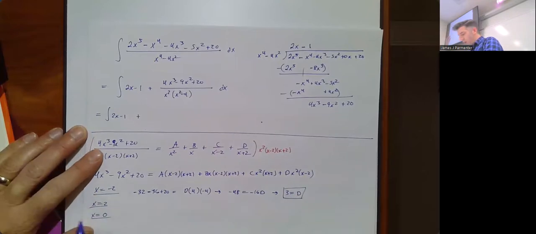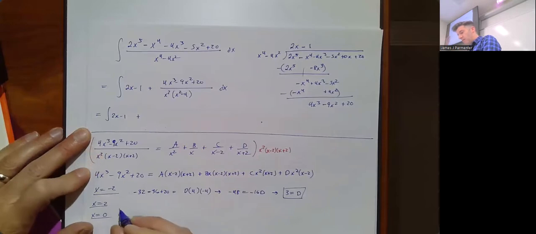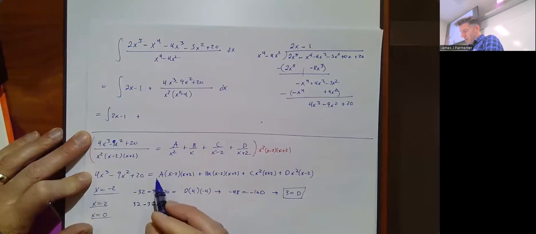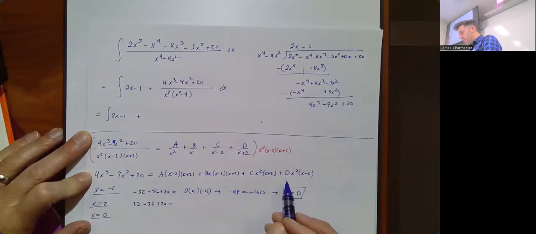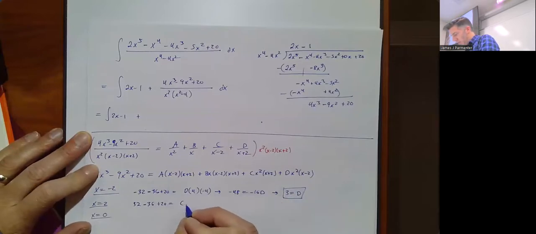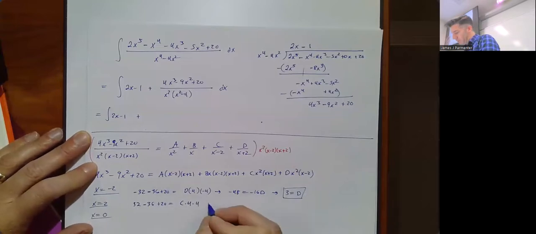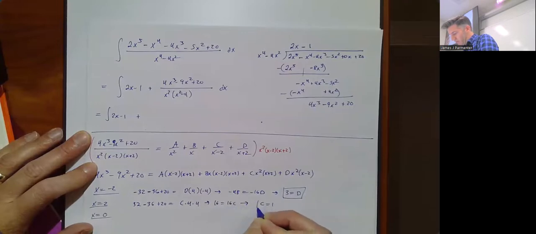Awesome. Okay, so then for x equals 2, same deal. 4 times 2 cubed is 32, minus 9 times 4 is 36, plus 20 equals a times 0 plus b times 0 plus d times 0 plus c times 4 times 4. Let's see, 32 minus 36 is negative 4 plus 20 is 16. 16 equals 16c, so c equals 1.